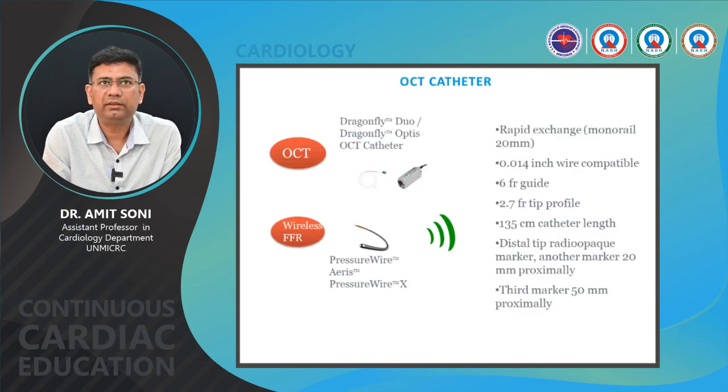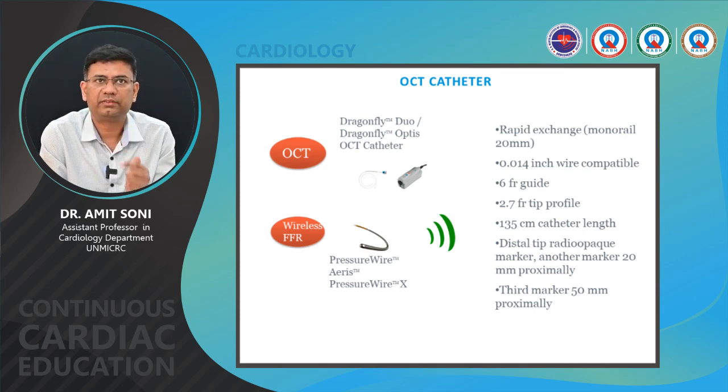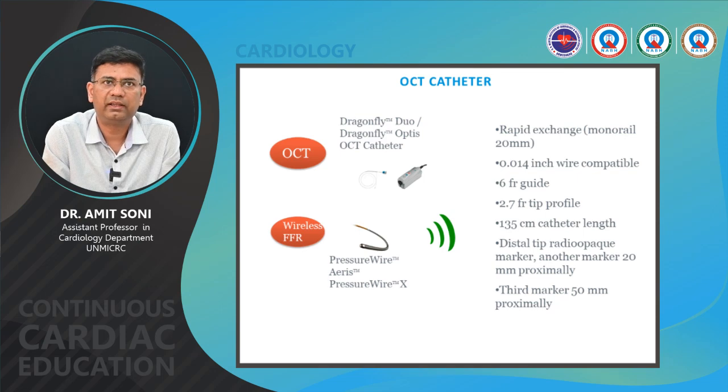Regarding OCT catheters, OCT uses Dragonfly Duo and Dragonfly Opstar catheters, and there is wireless FFR, with pressure wire Aeris and pressure wire X. There is a rapid exchange monorail of 20 millimeters, 0.014 inch wire compatible, and 6 French guide compatible. The 2.7 French tip is a profile tip, and the catheter length is 135 centimeters.